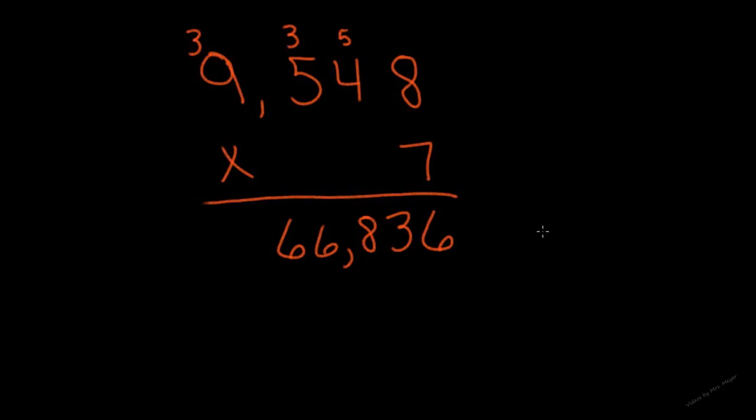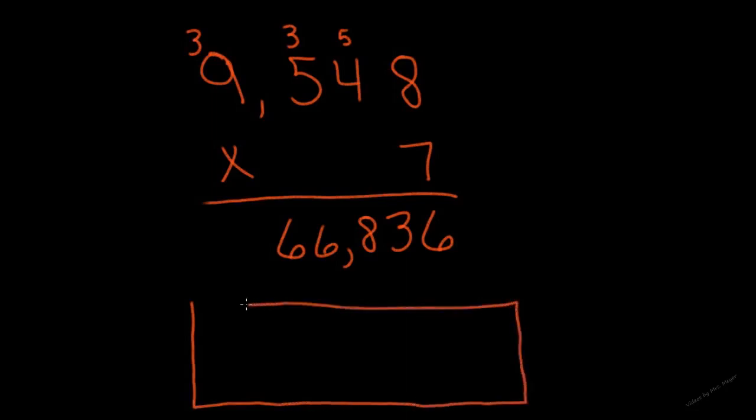Okay, and we also typically do something that I call an area model. There's probably different names for this, but we would draw a rectangle. We'll do that here at the bottom of the screen. At the top, I'm going to split up the values of my 9,548 number.